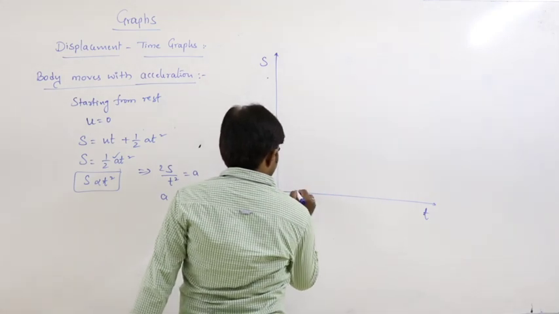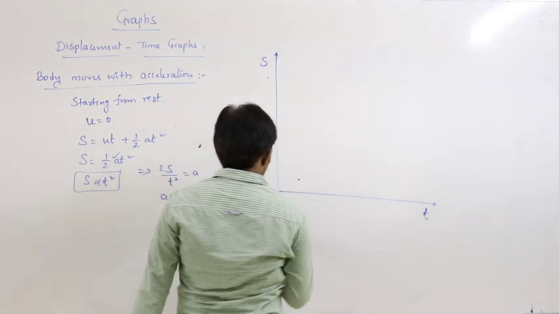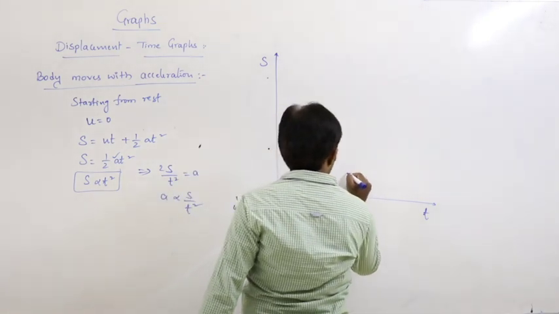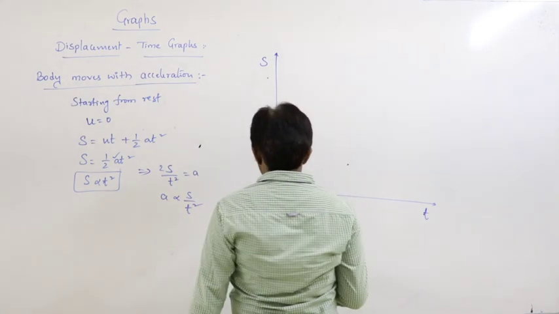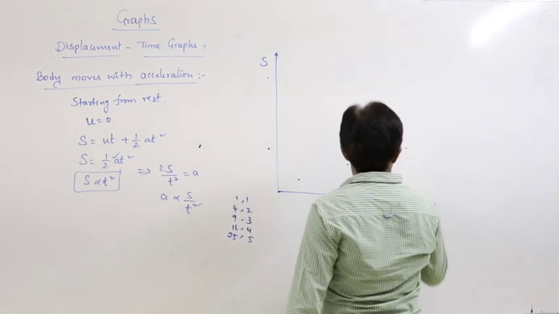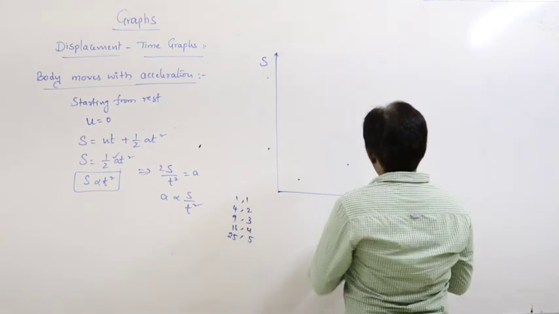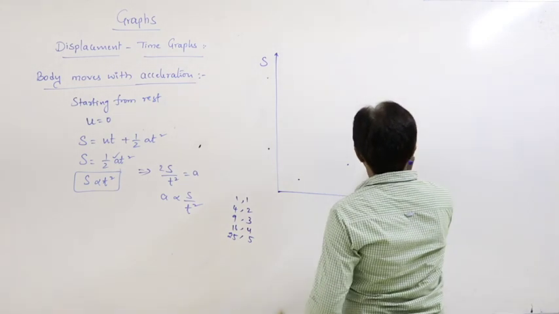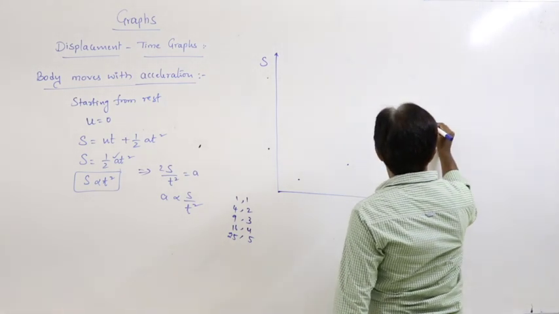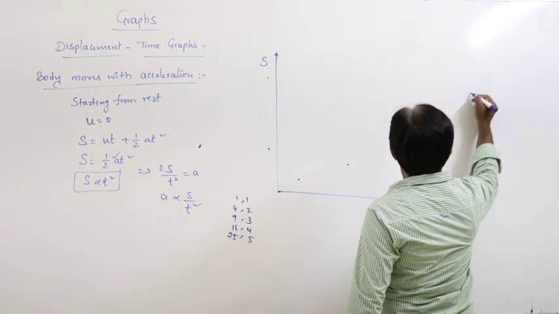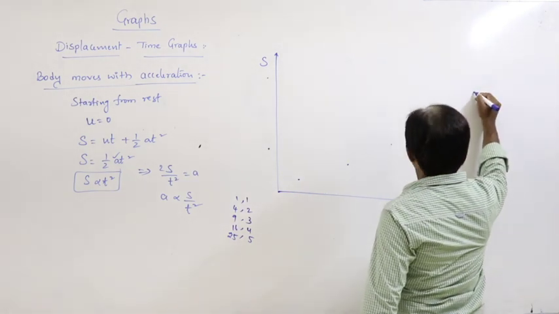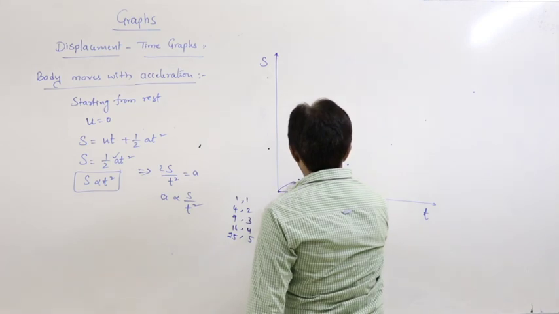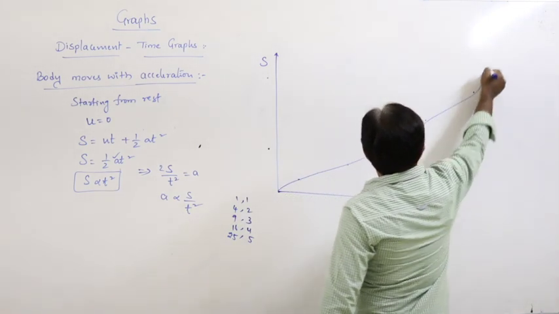Next 4, 2. Next 9, 3. 16, 4. 25, 5. So the shape of the graph is like this.